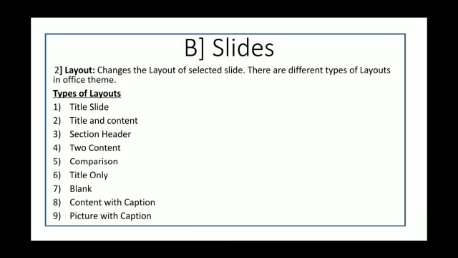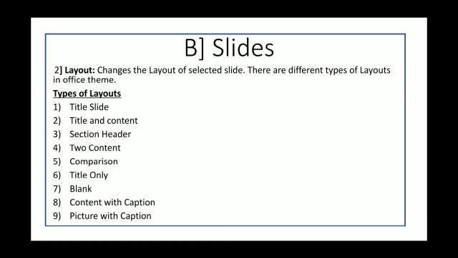Next, different layouts. We already discussed them in the last class, but again I am telling the same thing. Layout changes the layout of the selected slide. From the office theme window, you can choose different layouts. The first one is title slide, in which only two boxes will be there. Second, title and content.